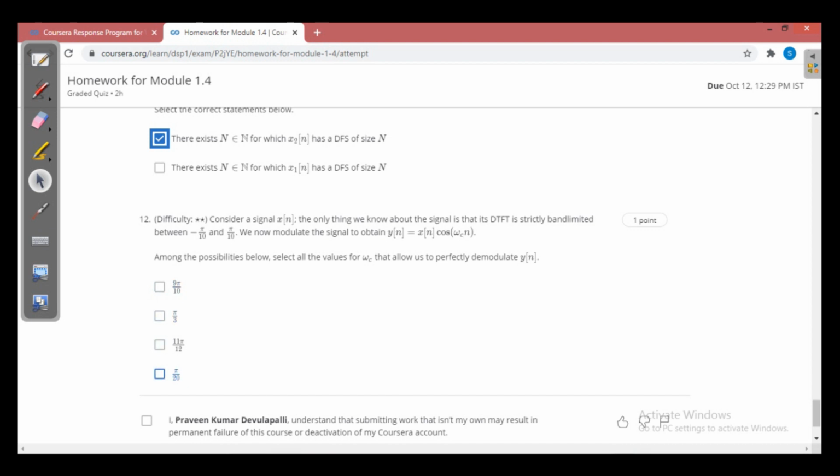Okay, we need to find the correct values of omega c among the three remaining values. Now see the first one, 9 pi by 10.